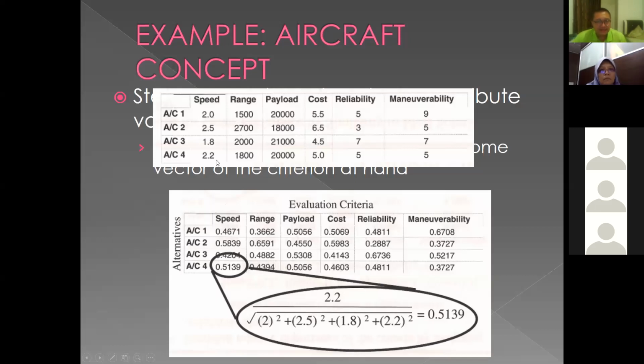You can see that on this particular box here, initially it was 2.2, right? Now what you need to do is divide 2.2 by the total of this column, which means 2.2 divided by the square root of 2 squared plus 2.5 squared plus 1.8 squared plus 2.2 squared, and that is the result.